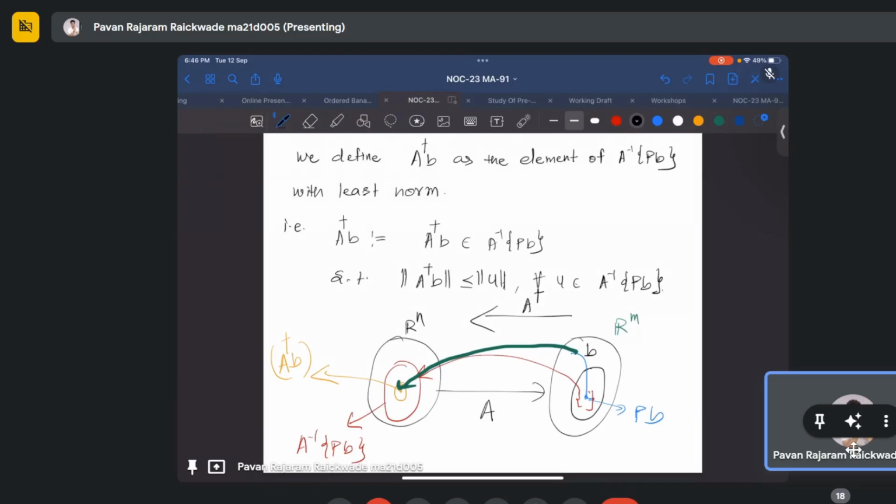And those both will be the same when A is bijective. If A is bijective, then the range space will become the whole Rm, and the projection will be the same, and the inverse image will have only one element, that will be your A inverse B. Okay, is the whole analytical representation clear of the Moore-Penrose inverse?